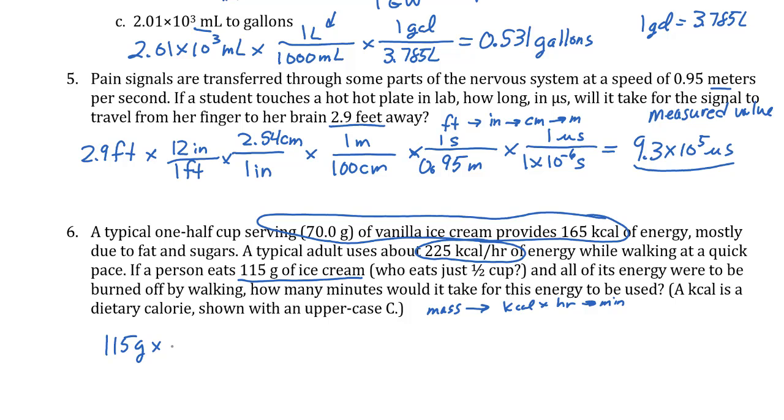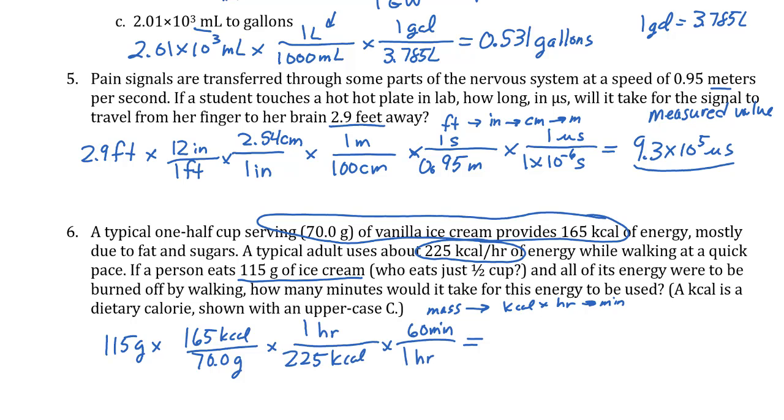I can use the ratio of 165 kcals per 70.0 grams of the serving of ice cream, and then I can use the ratio of kcals per hour, and then a conversion you probably know, 60 minutes per hour, to calculate that this would be 72.2 minutes of a well-deserved walk after you ate merely a half a cup of ice cream.